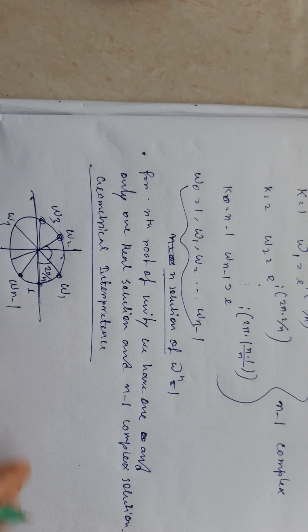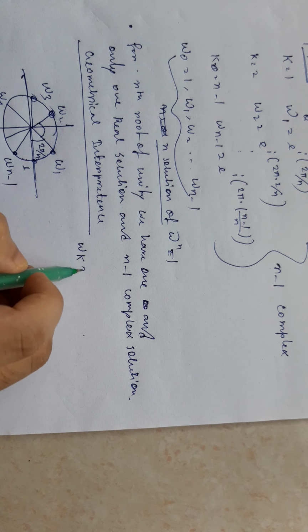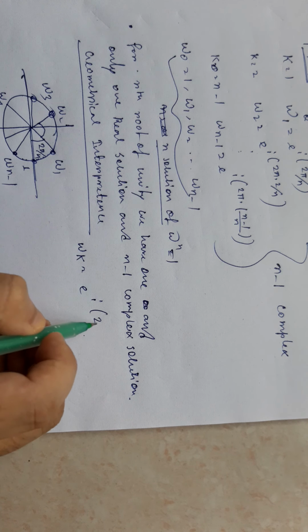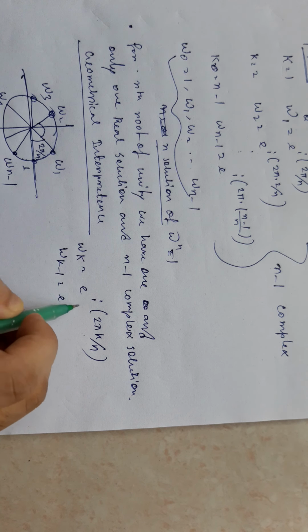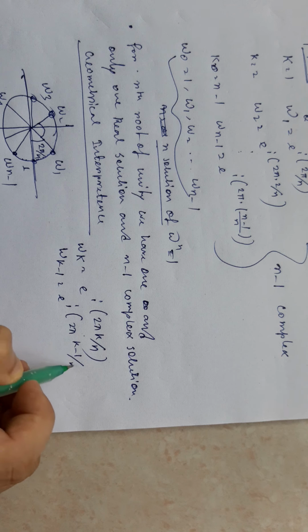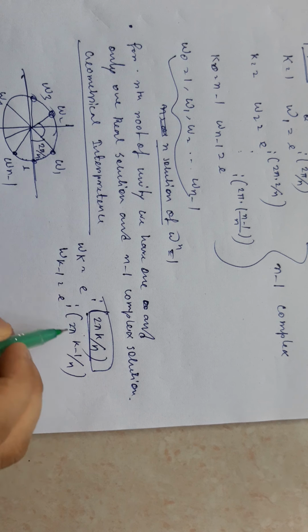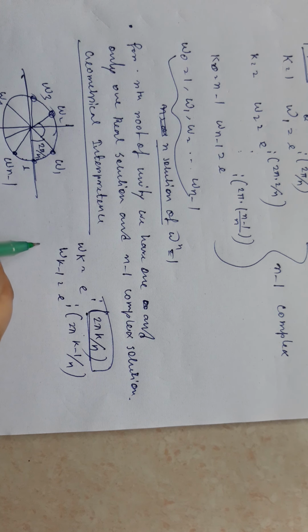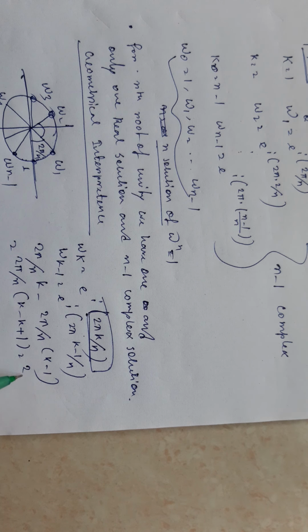You can check that if we take any arbitrary omega k, it equals e to the power i 2 pi k by n, and omega k minus 1 equals e to the power i 2 pi into k minus 1 by n. If we subtract these two arguments, 2 pi k by n minus 2 pi into k minus 1 by n, we get 2 pi by n times k minus k plus 1, that is 2 pi by n.